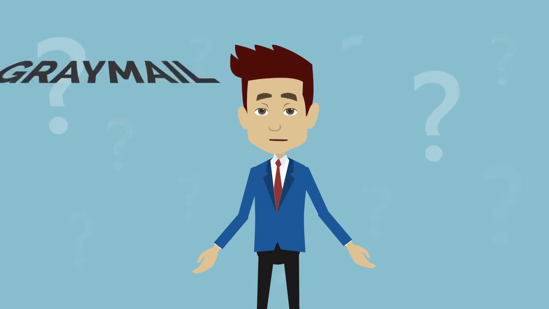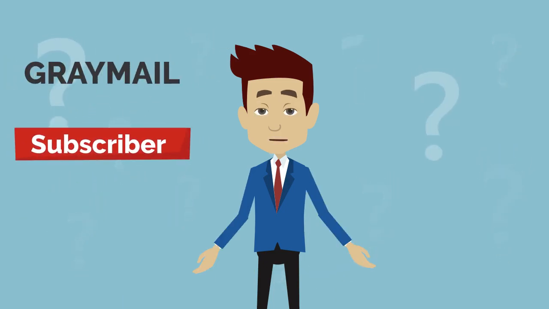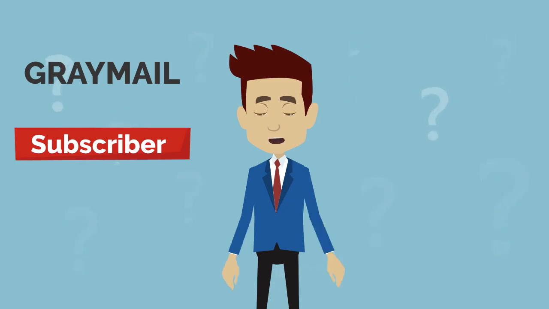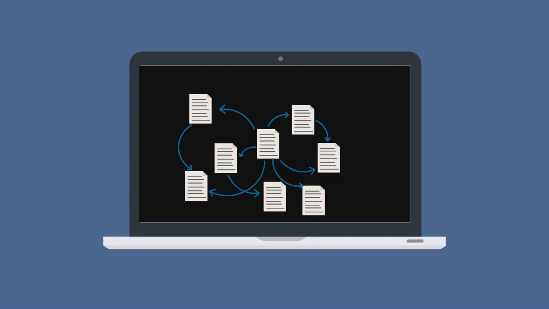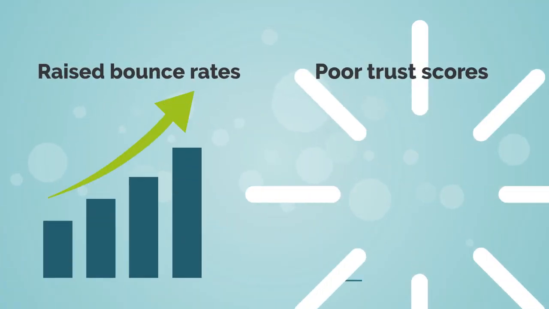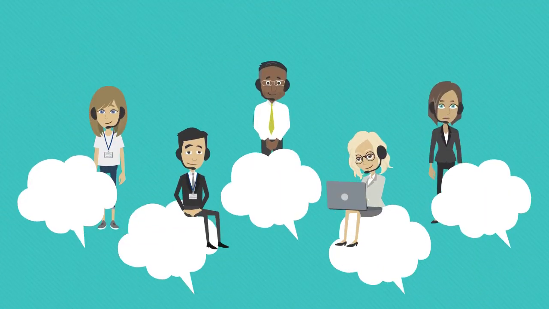This neatly avoids the current problem of gray mail, whereby prospective subscribers provide fake or redundant email addresses just to receive your valuable lead magnet, but never engage with your follow-up messages, leading to raised bounce rates and poor trust scores with your autoresponder service.